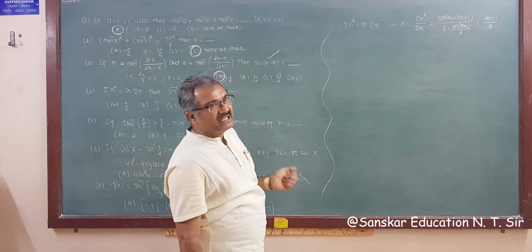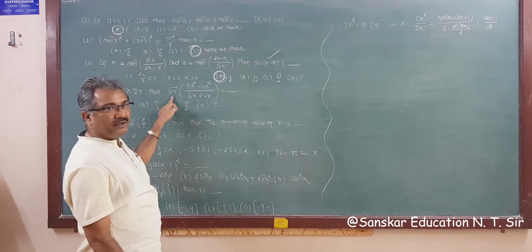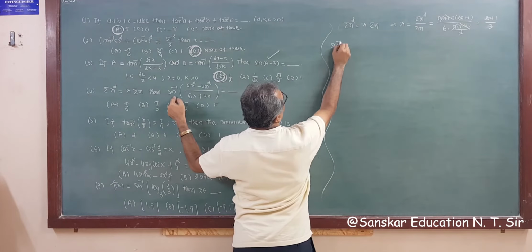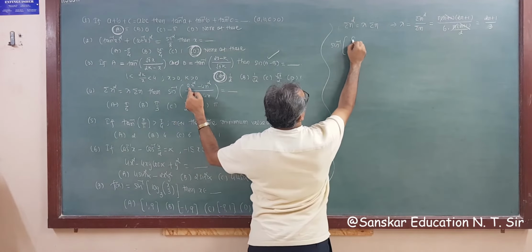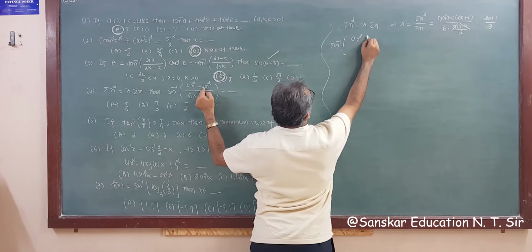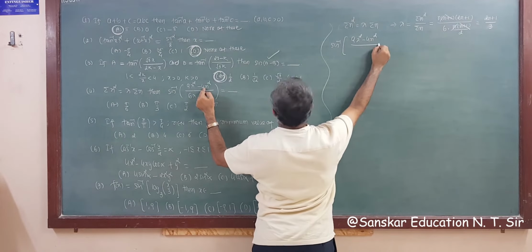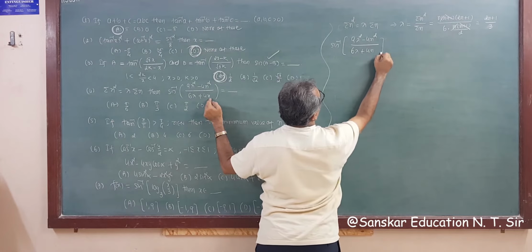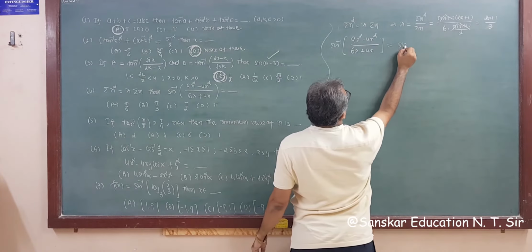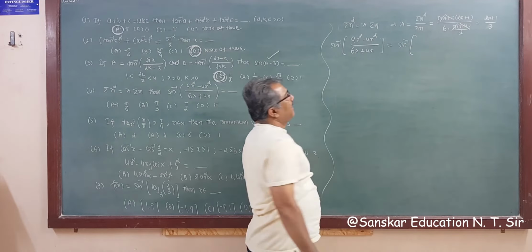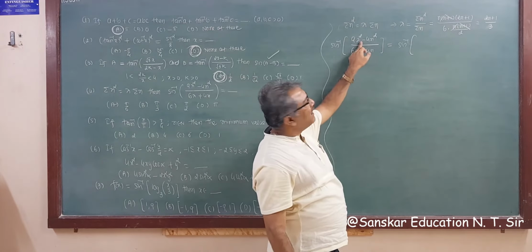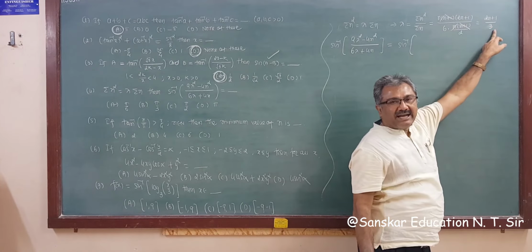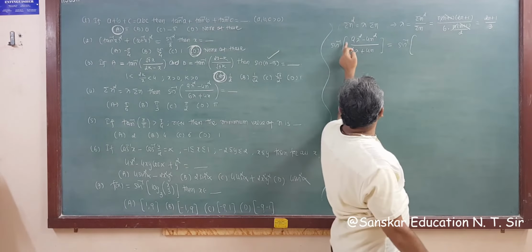So lambda is twice n plus 1 by 3, and you have to find out the value of sine inverse of 9 lambda square minus 4n square whole upon 6 lambda plus 4n, right? Now if we substitute the value of lambda, 9 lambda square means 9 cancels.